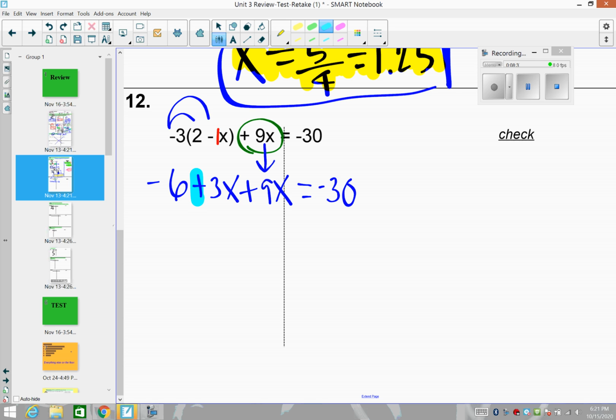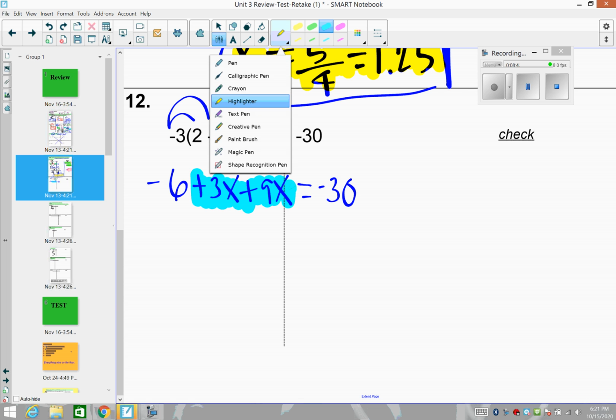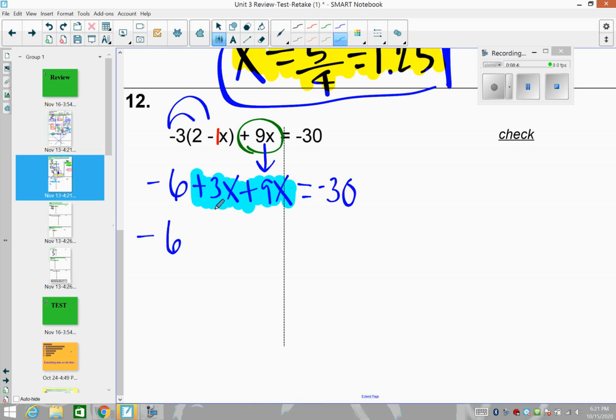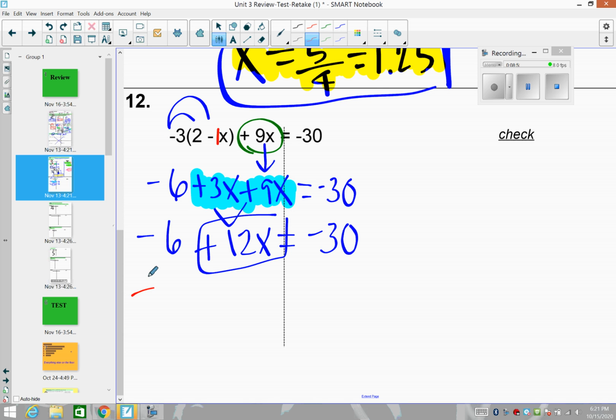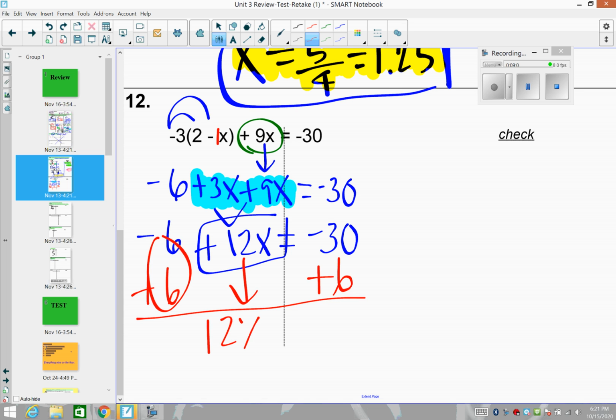Combine like terms. So we're going to combine these terms. So we end up with -6 plus 12x is equal to -30. Next step is to build house, build fence, clean yard. So we're going to add 6, copy, paste, copy, paste.